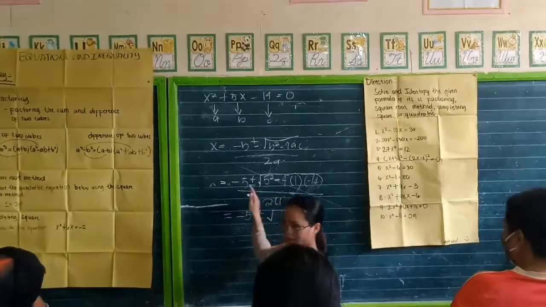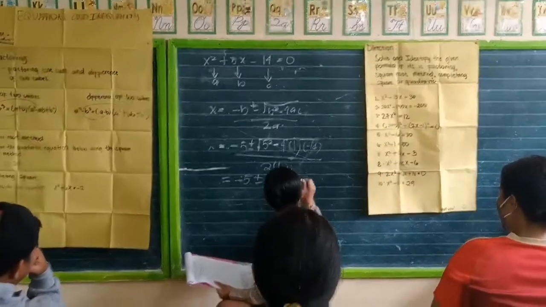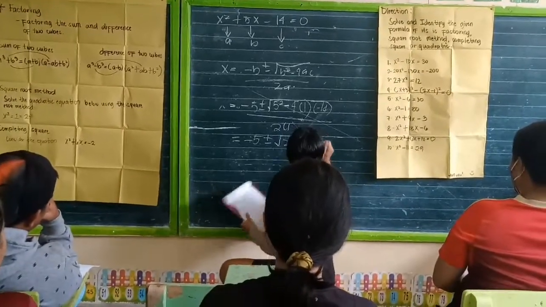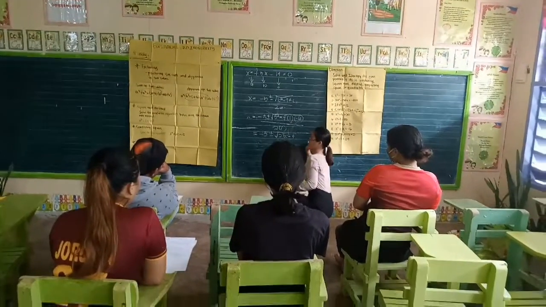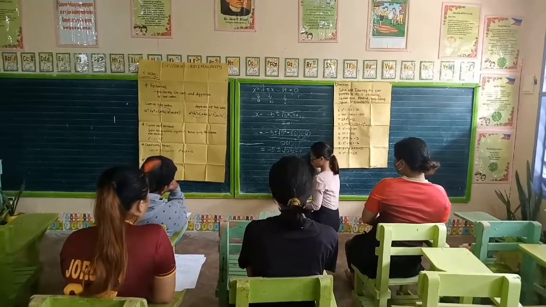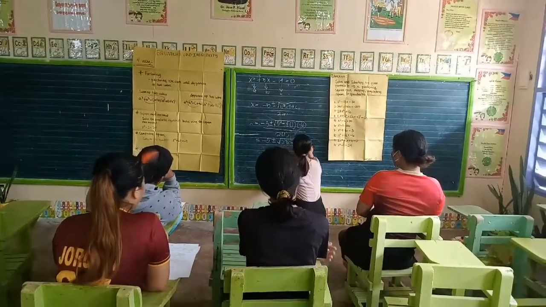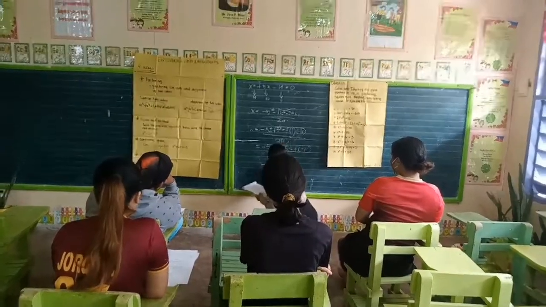So, 5 times 5, 25. 25 minus 4. Negative 4 times 1, 4. Negative 4 man dapat ang answer. Minus 14 over 2.